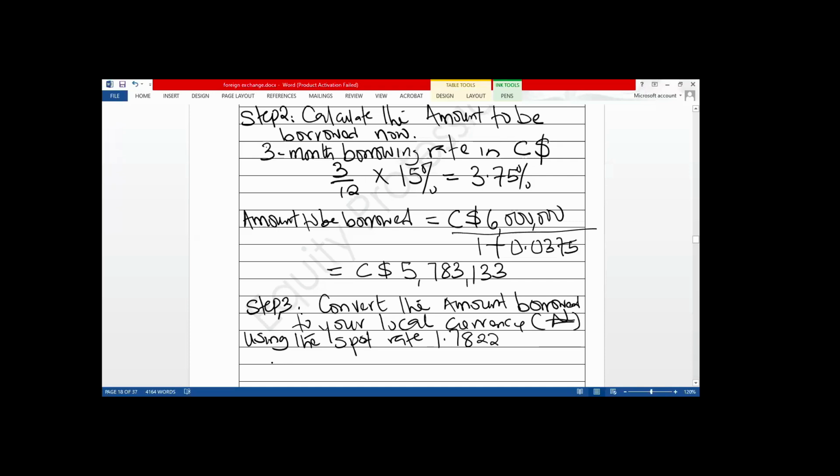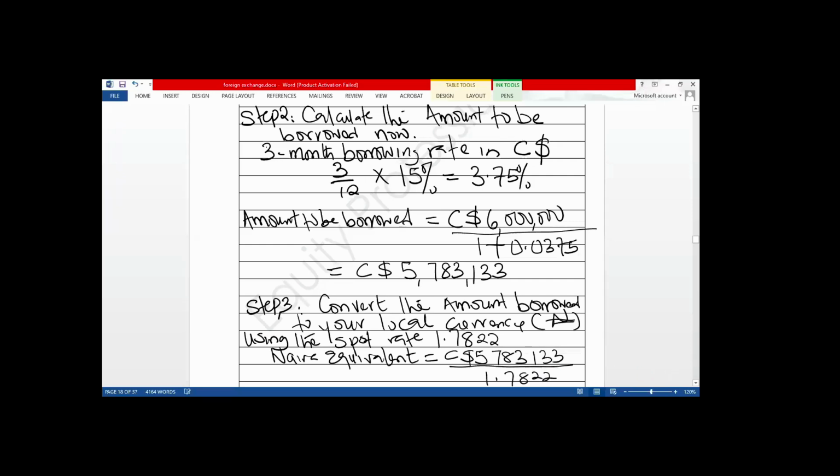The Naira equivalent is Central dollar 5,783,133 divided by 1.7822.